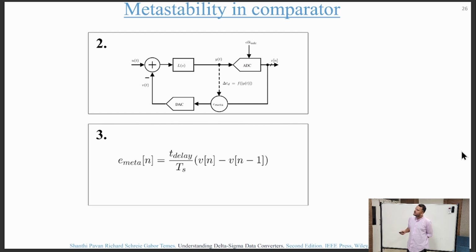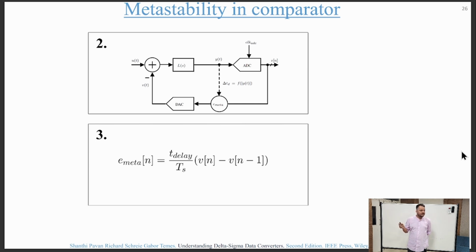There are two effects of metastability in a delta sigma modulator. One: if the input samples are a Gaussian random process, and if the samples of Y[n] fall near the threshold, it might get randomly resolved, and it can appear as a random value at the output. The other effect is that, based on the samples, there will be a signal-dependent delay to resolve.